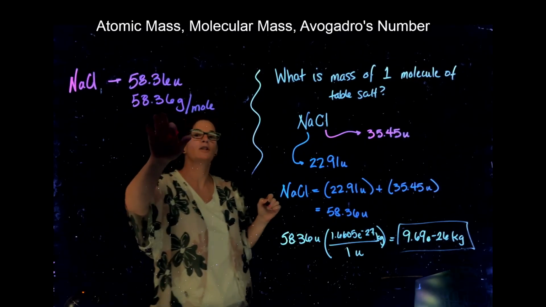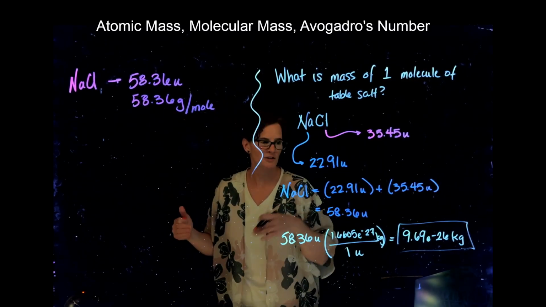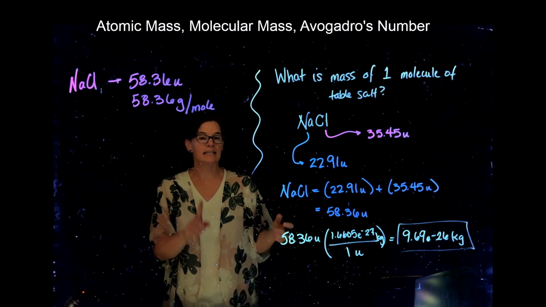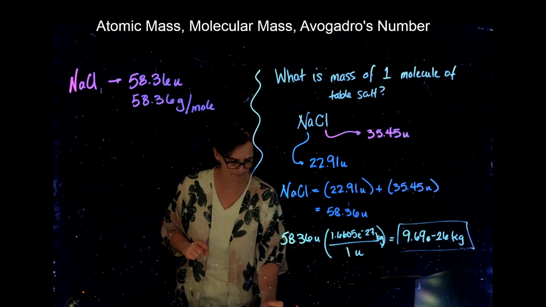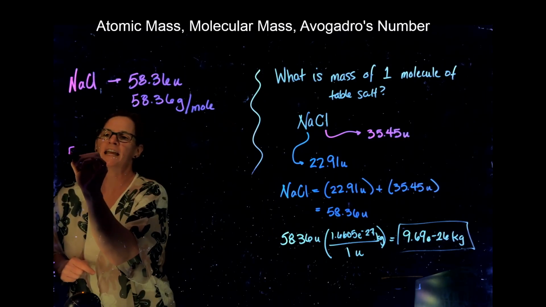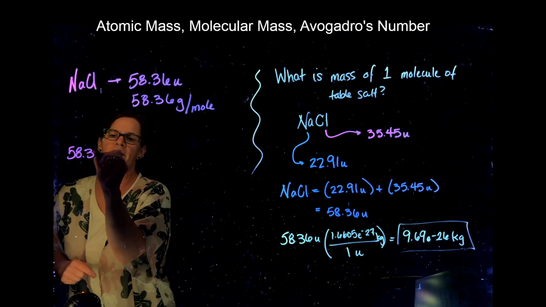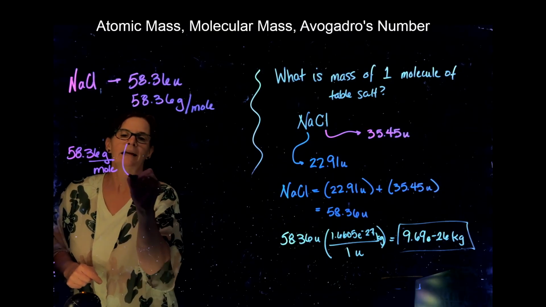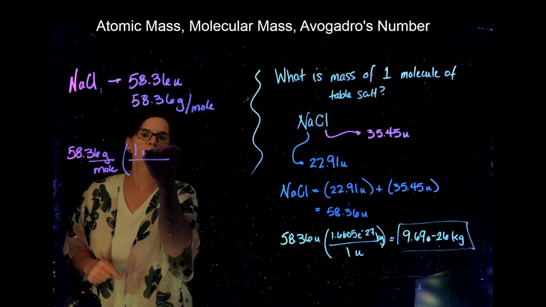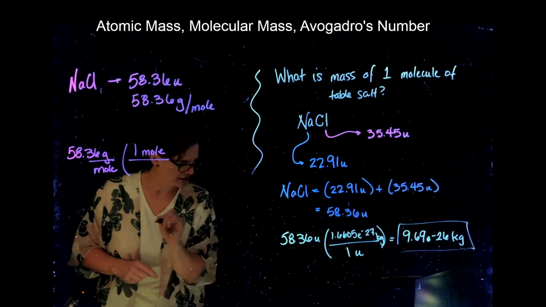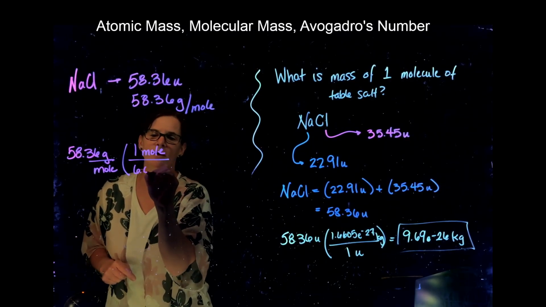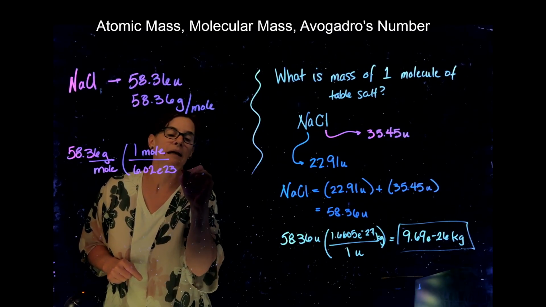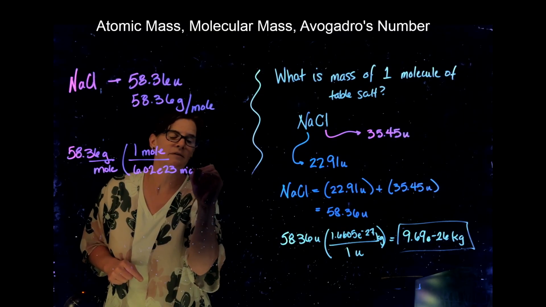So we're going to use this lower relationship to solve for the mass of a single molecule of sodium chloride. So we have 58.36 grams per mole, and I know in 1 mole there are 6.02 times 10 to the 23rd molecules.